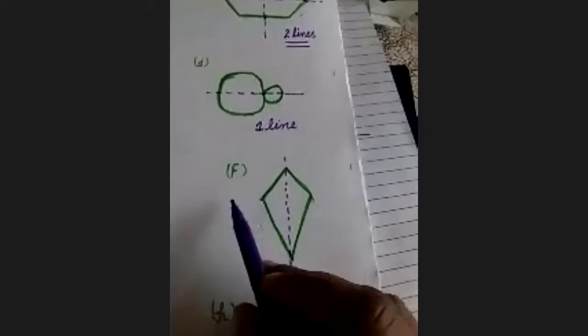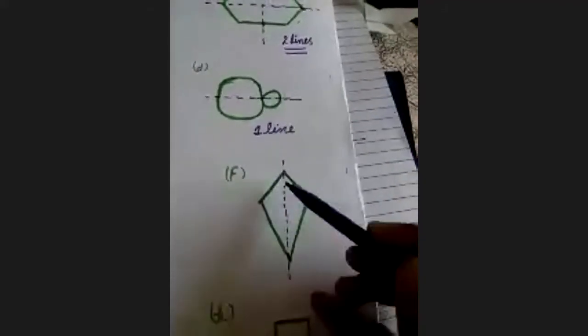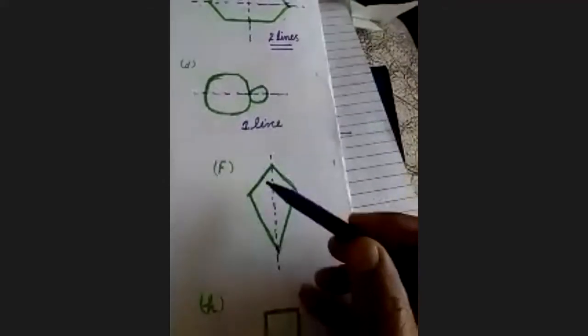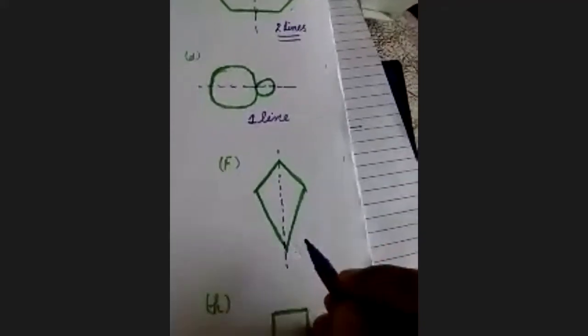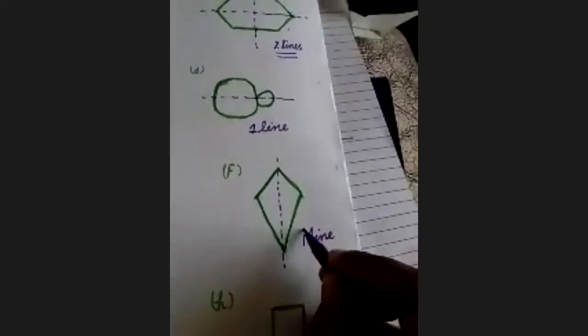We can't make this cut because these 2 parts do not exactly overlap each other. So this figure has only 1 line of symmetry.